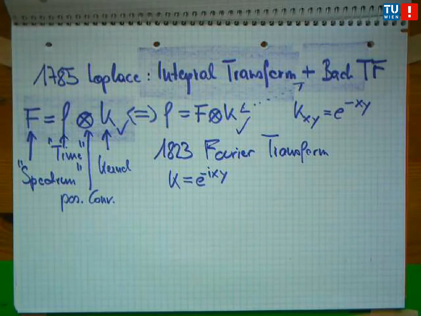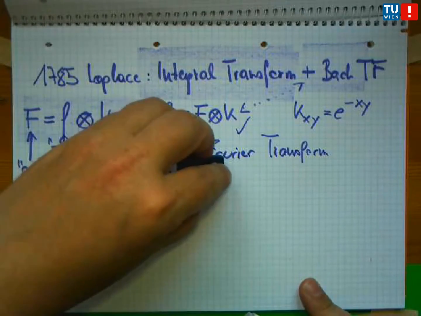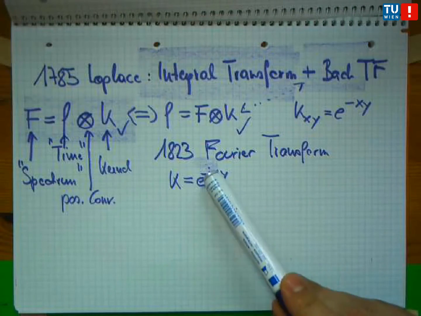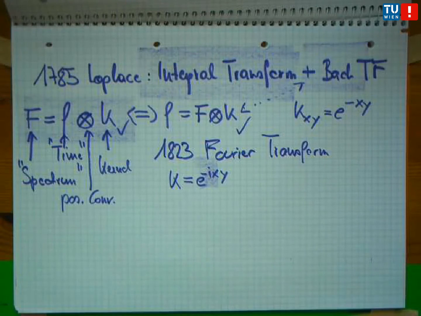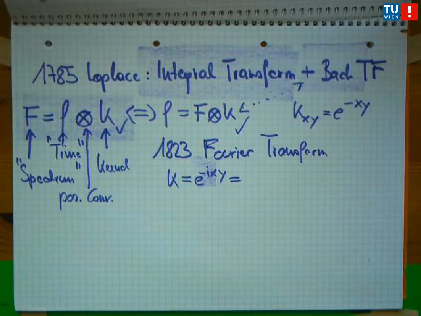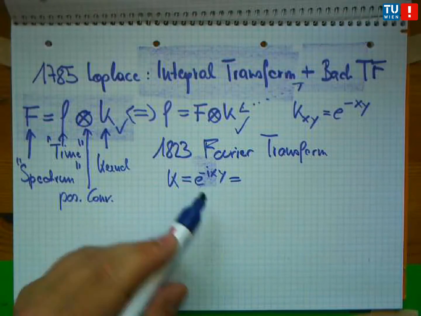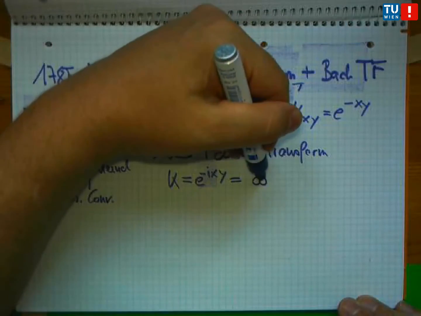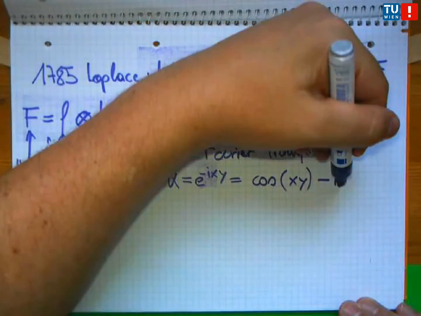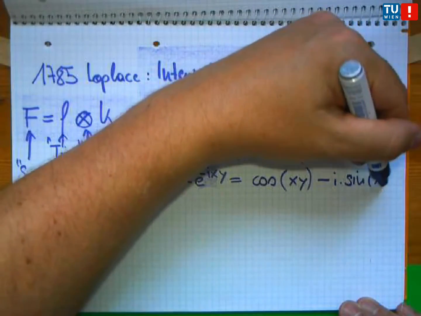With this Fourier transformation, it might appear to you quite awkward that he just added the imaginary number and considered it an improvement, because apparently this formula, this kernel, is more complex than Laplace's original kernel. That is true. However, we know from the so-called Gaussian equation, which can easily be derived by yourself, that this exponential term is equivalent to the cosine of x and y minus the imaginary number times the sine of x and y.